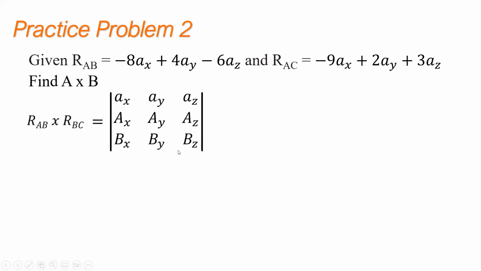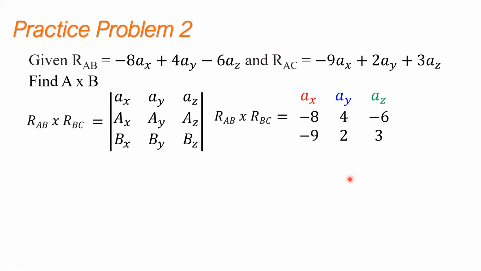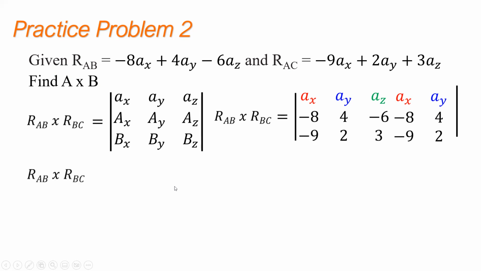So again, the same application, the vector AB cross vector AC. So isusulat lang natin yung first 3 columns or the first 3 vector components. Then isusunod natin yung dalawa, A sub X and A sub Y. Then again, the same procedure, gagawin natin diagonal downward, that is A sub X multiplied 4 times 3.